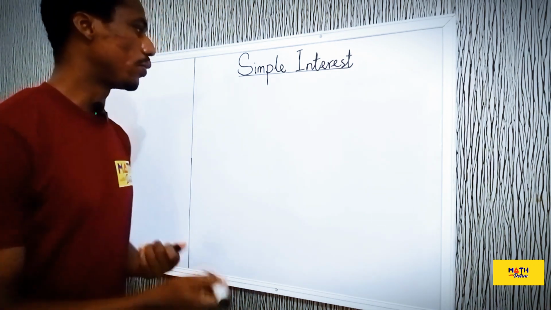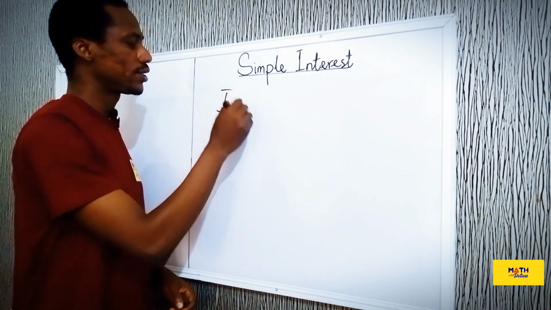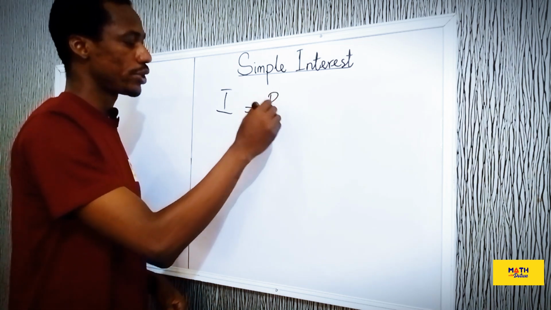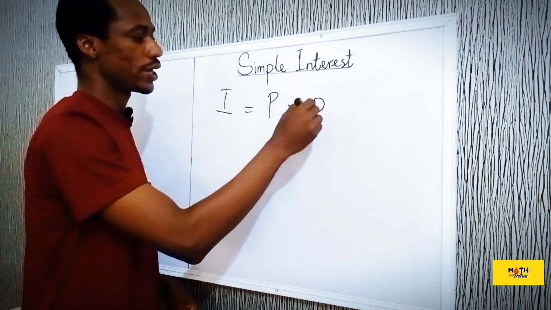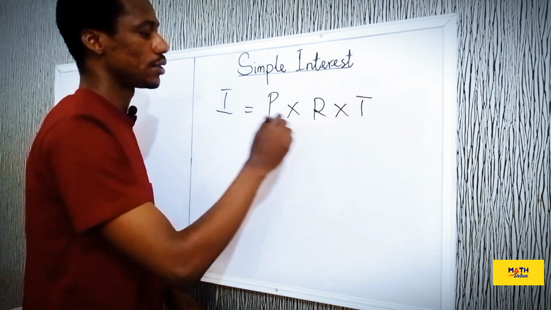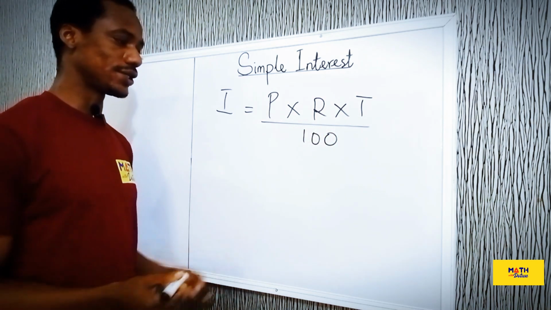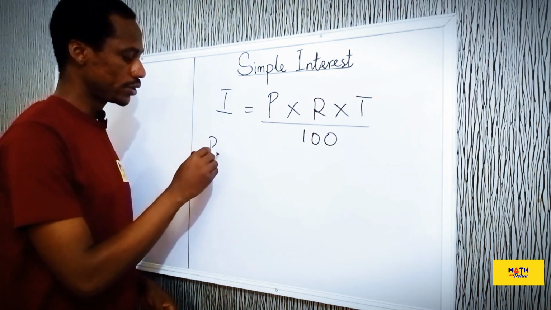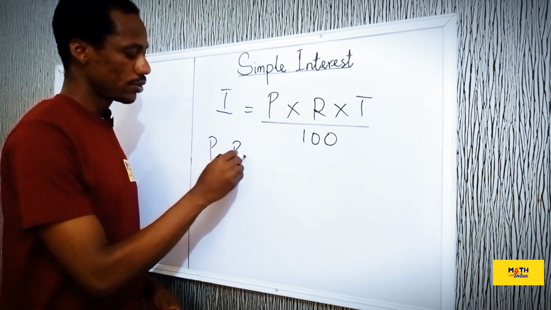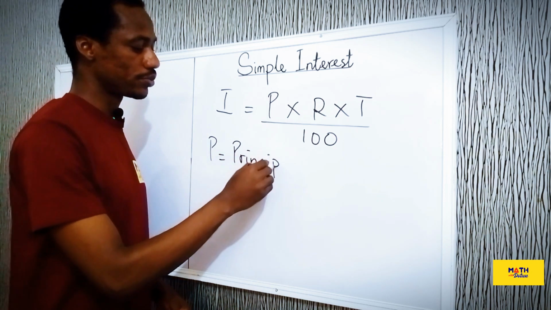Very easy. We have interest equal to the principal times rate times time, all over 100. All right, so let's take this one by one. So P is the principal. All right, so what's the principal?